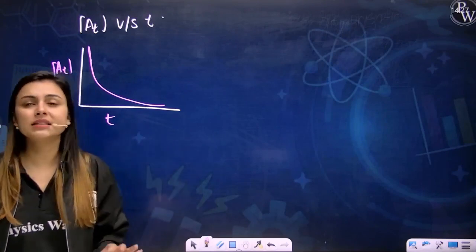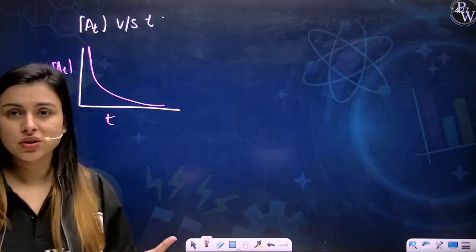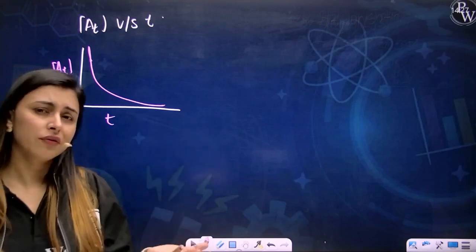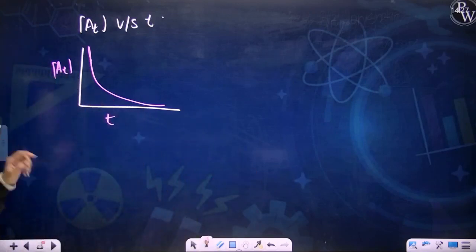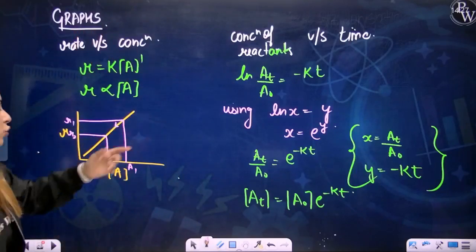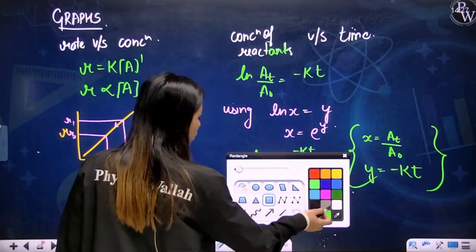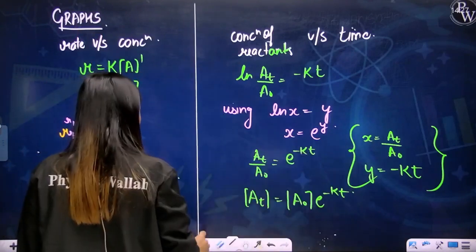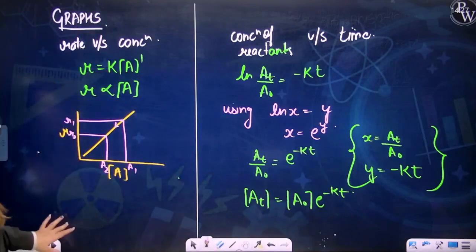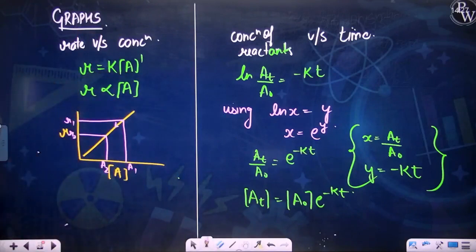And this plot is asked by the examiner in question papers a lot of times. So you need to understand this plot, and how this particular plot came out. I hope you're clear with this. Just pause the video. You can write this, because this is very, very important.